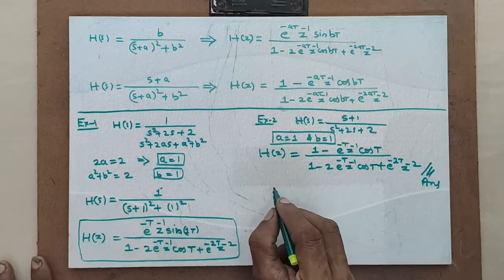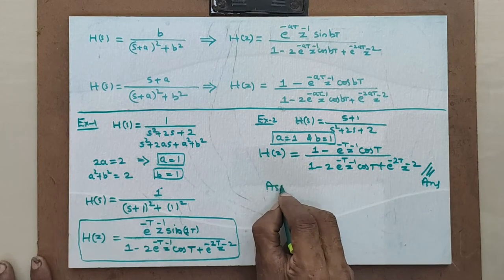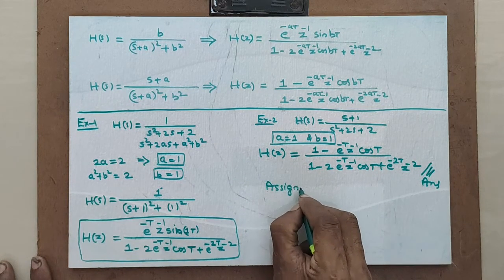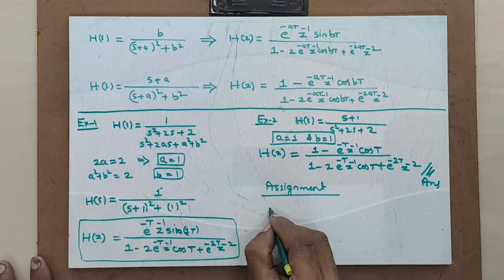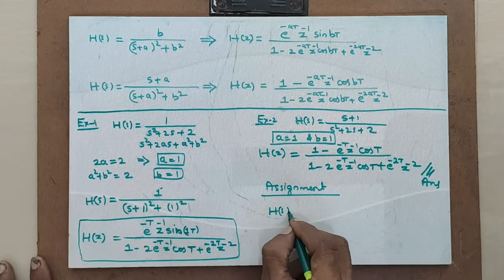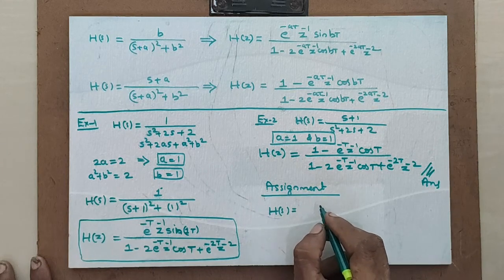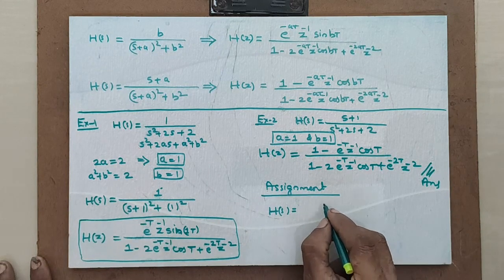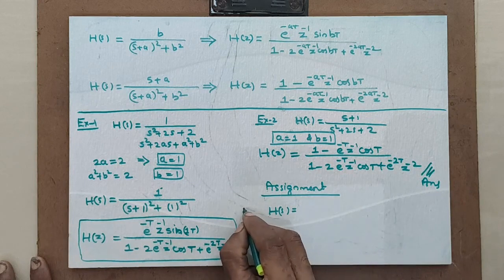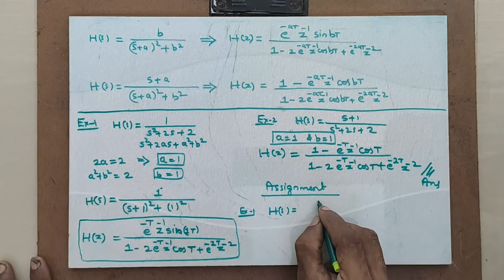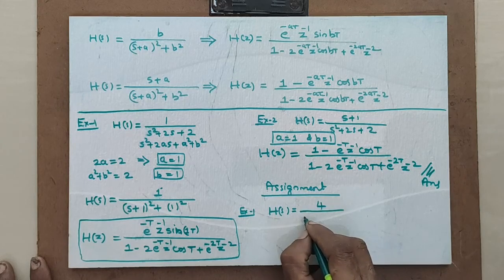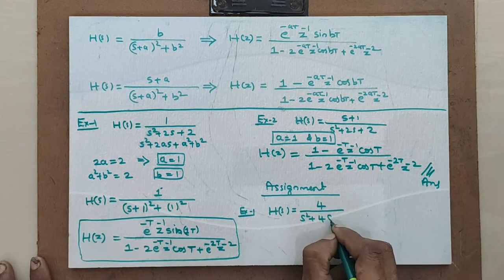I am giving an assignment here because I want you to see that assignment. Example 1 in the assignment: h of s is equal to 4 divided by s square plus 4s plus 8.